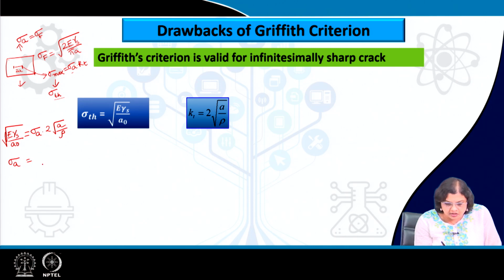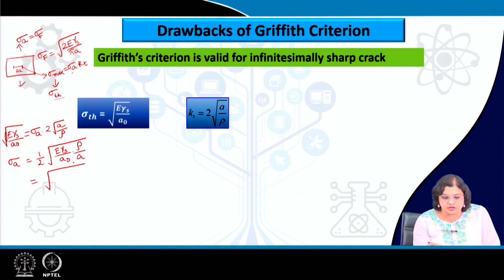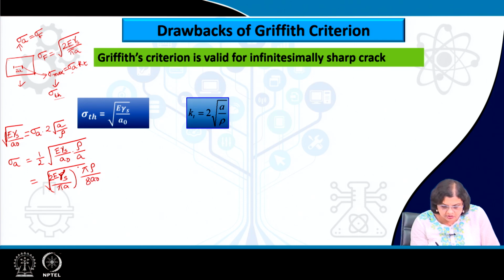Sigma A will be given by 1 by 2 root over E gamma s by A0 into rho by A. Again, if we rearrange this relation so that it gets familiar with the fracture strength related to the Griffith criterion, we get something like this: root over 2 E gamma s by pi A, and since we are introducing this term pi here, we need to multiply by a balancing term, that gets root over pi rho by 8 A0. So this is simply rearranging this relation here.